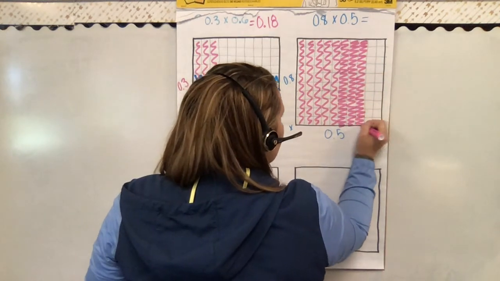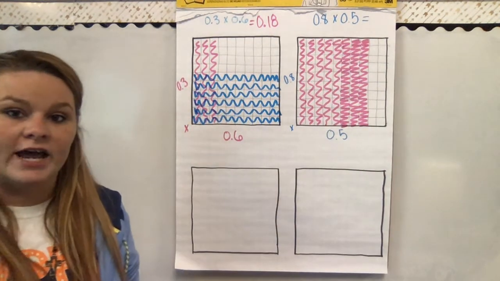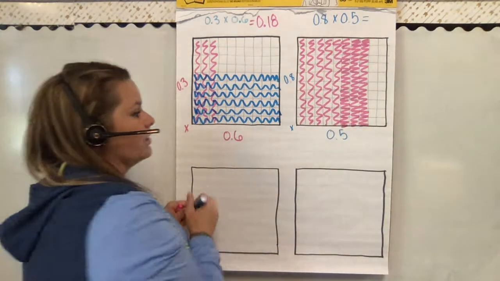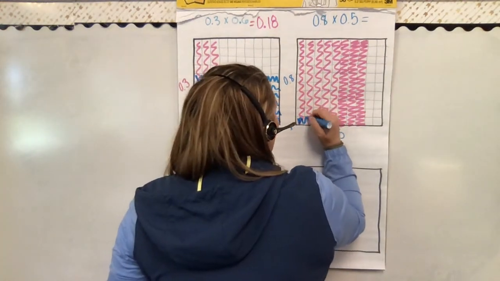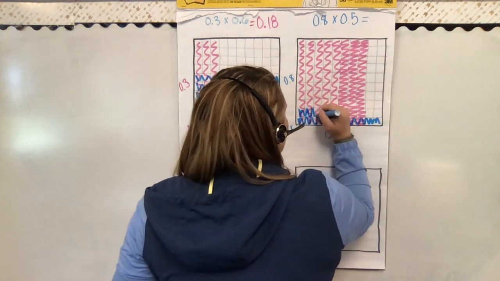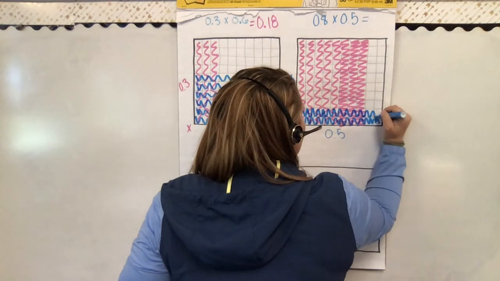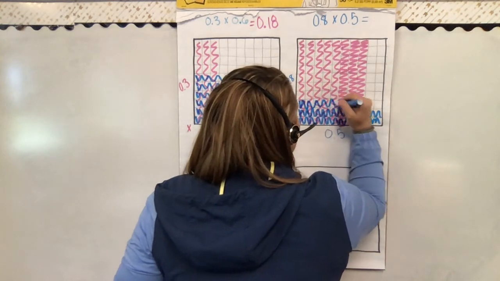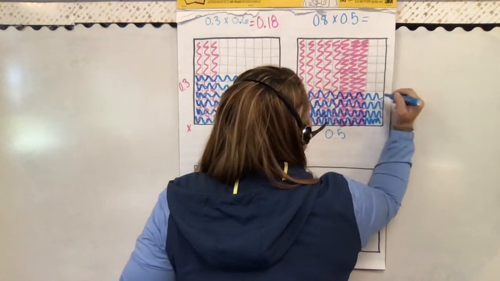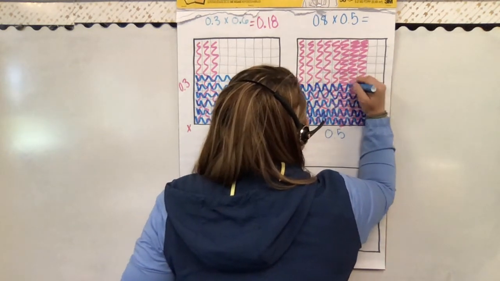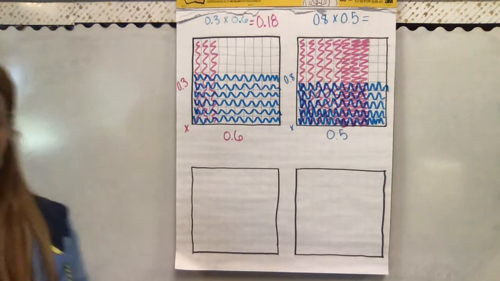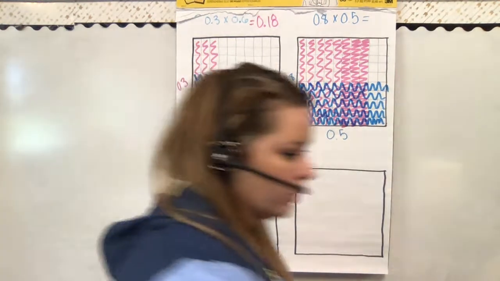Okay, so that's 8 columns. And now I'm going to shade 5 rows horizontally. I'm going to shade those in blue. So 1, 2, 3, 4, 5. And so where these colors overlap, again, that's where we will find our product.